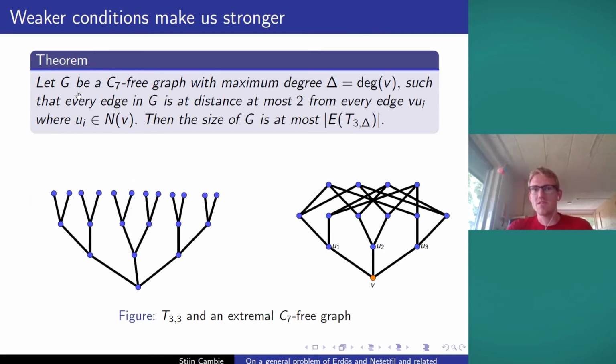So the theorem states that if we have a C7-free graph, so for example, a bipartite one, with the maximum degree being equal to the degree of our favorite vertex V, such that every edge in G is at distance at most 2 from any edge VUi, where Ui is in the neighborhood of V, then the size of the graph G is at most the number of edges in our favorite tree for this talk.